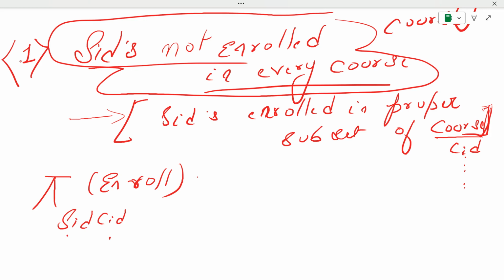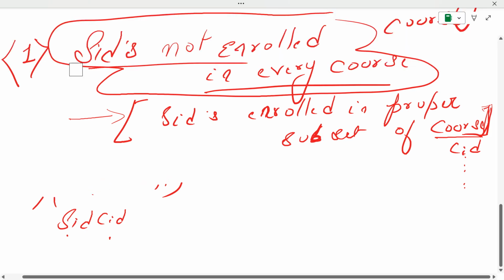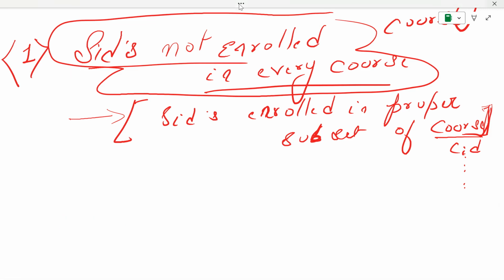From that, we will be subtracting the... just a second, let me rewrite it once again. We are trying to find those SIDs which are not enrolled in every course.